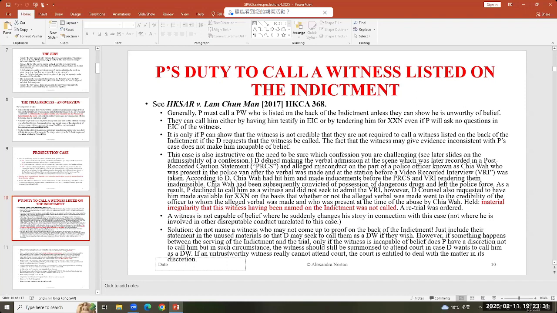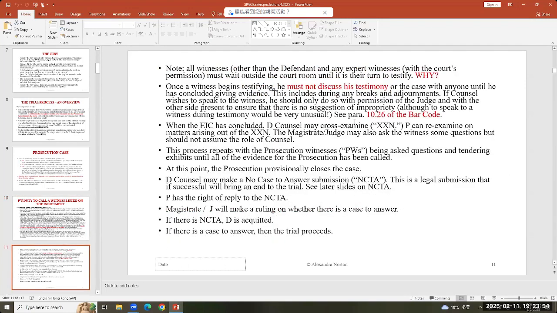That means to make them available for the defense to cross-examine them if they wish. It's only if the witness is incapable of belief that the prosecution do not have to call them. In other words, it's only if the prosecution can establish that the witness is being dishonest or lying in some way that they are not obliged to call the witness listed on the back of the indictment.